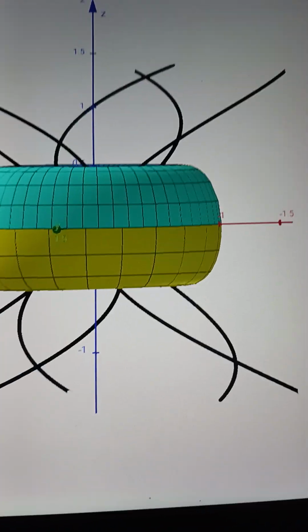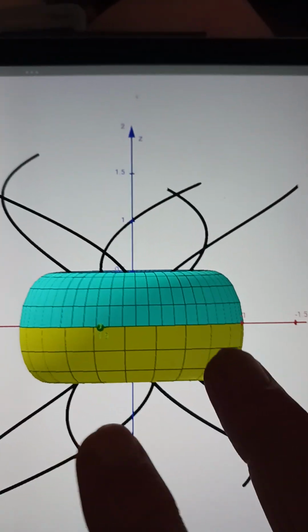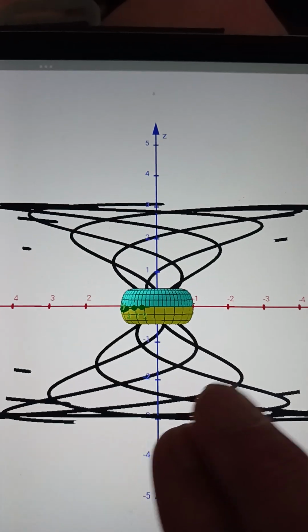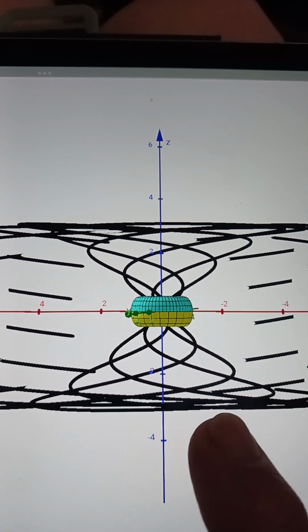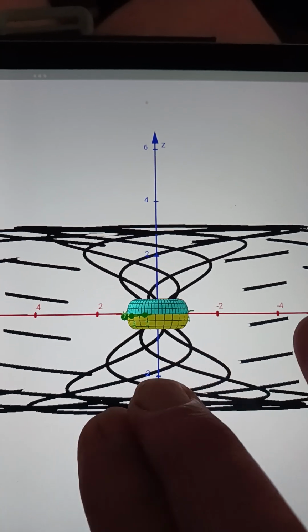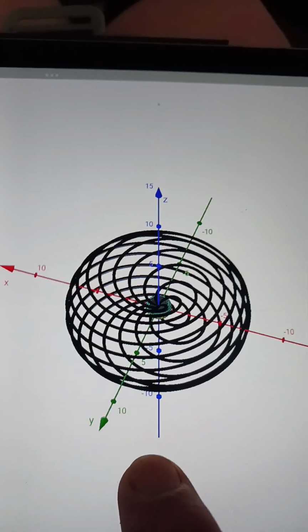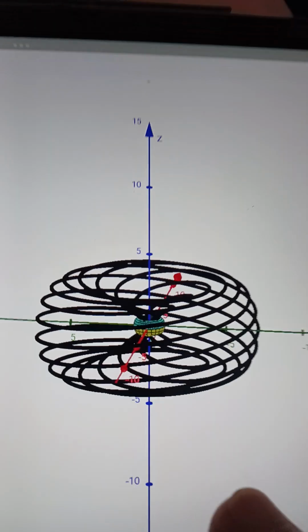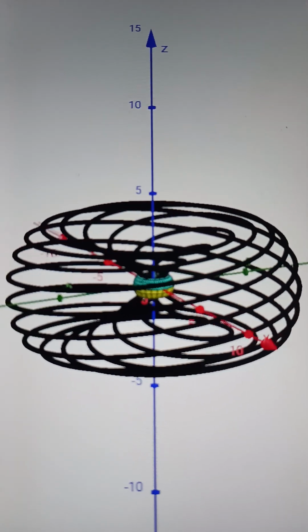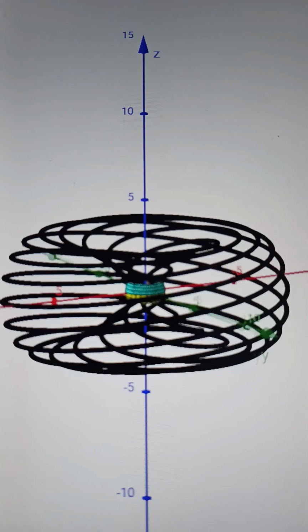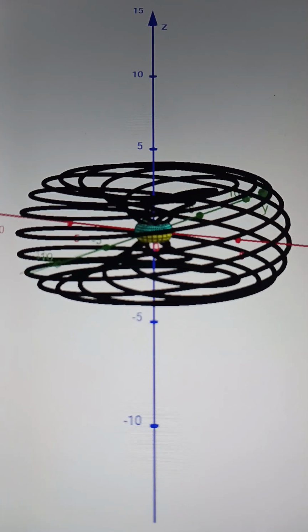Let's put those field lines back in. I made it another closed universe. So in a way, you could consider the field lines to be the electron field, and then the interior little object would be the nucleus.